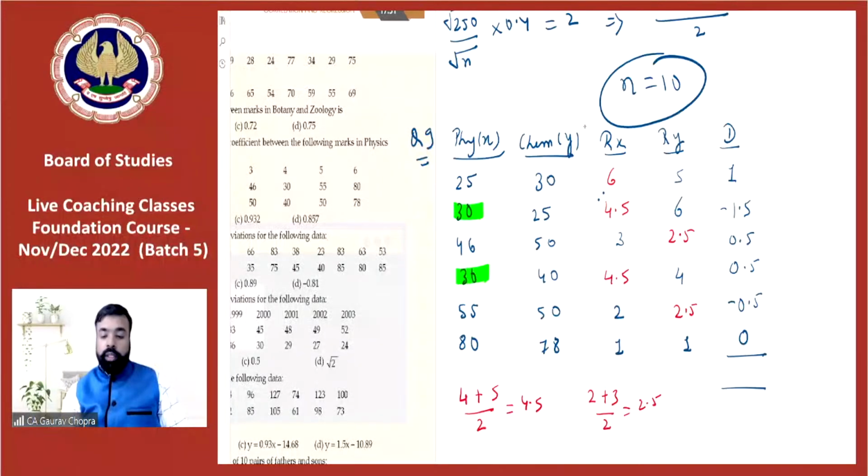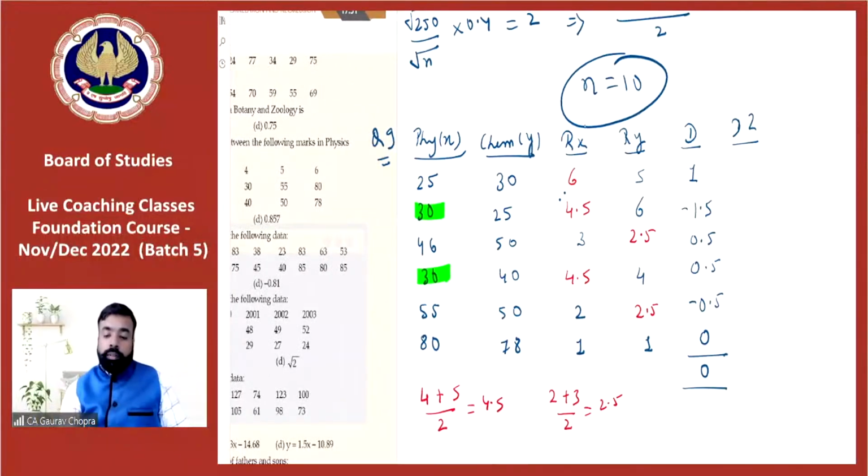So this total will always be 0. Now we require d square. 1 square is 1. Then 2.25, 0.25, again 0.25, 0.25, and then 0. So the final total will be 3 and 1, 4. This is d square.